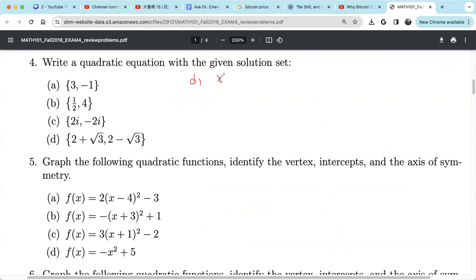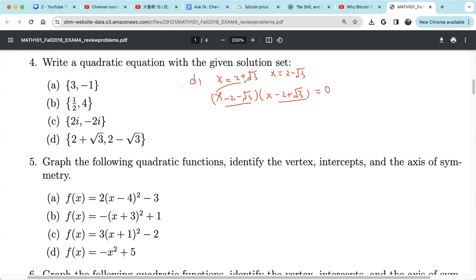So D, we can write as x equals 2 plus radical 3, and x equals 2 minus radical 3. So we write x minus 2 minus radical 3, then multiply by x minus 2 plus radical 3, equals 0. We treat each as one term.